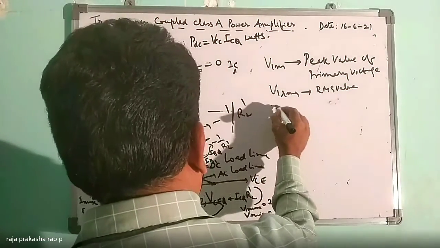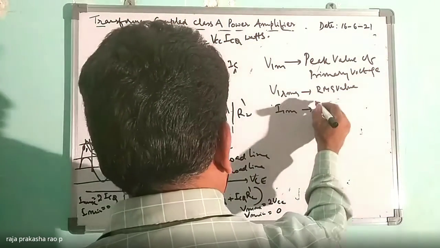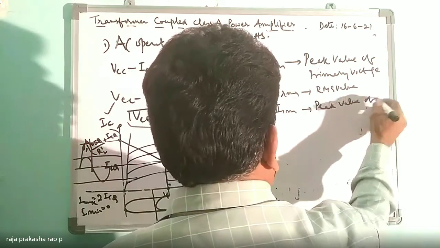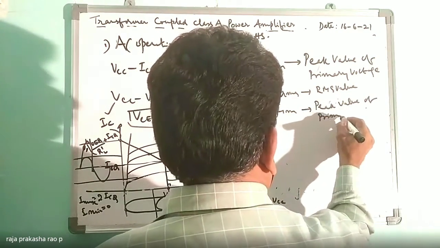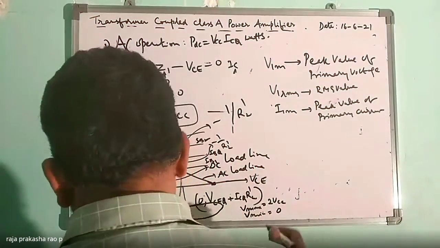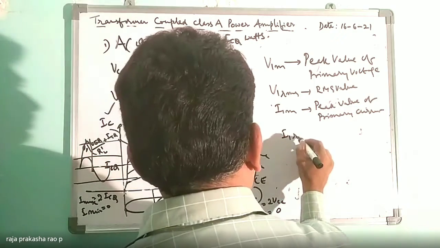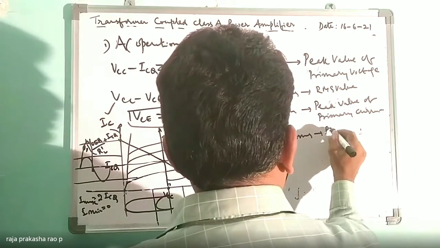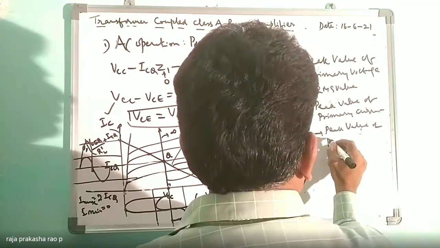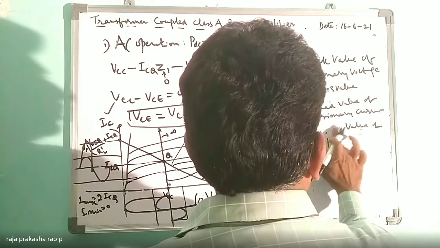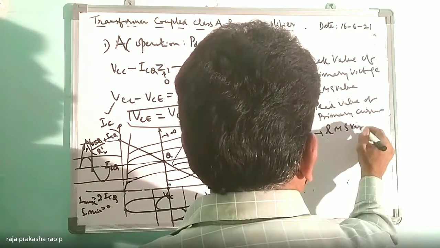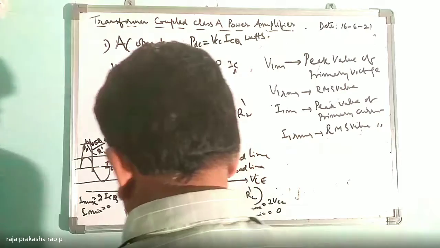And I1M is the peak value of primary current. And I1 RMS is not the peak value, it is the RMS value of the primary current.